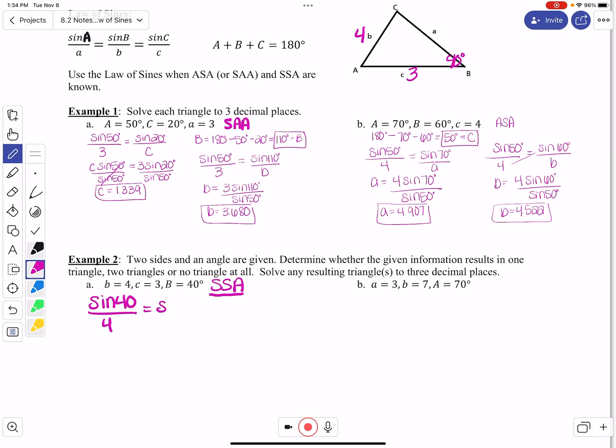Not the side of C, sorry, the angle of C. Sine C over 3. So what I'm going to do is I'm going to take this 3 and move it over here. So it's going to look like this. So 3 sine of 40 over 4 equals sine of C.